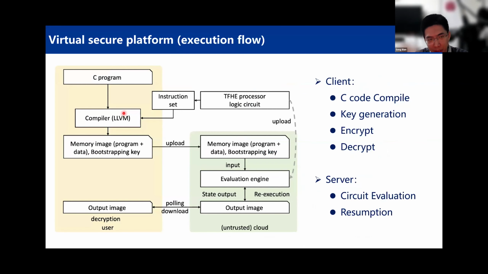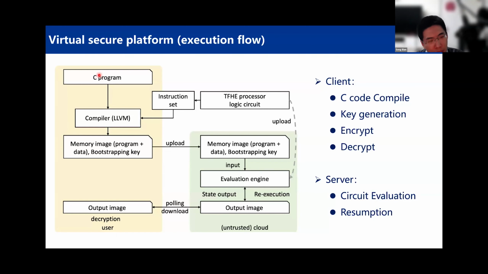Okay, let me first introduce the high-level protocol of this thing. Basically, what we do is we write a C program, and I think that's actually very fun. It's also a fun direction to explore in FHE: how can you let people who have no experience in FHE algorithm design write FHE programs and execute them?